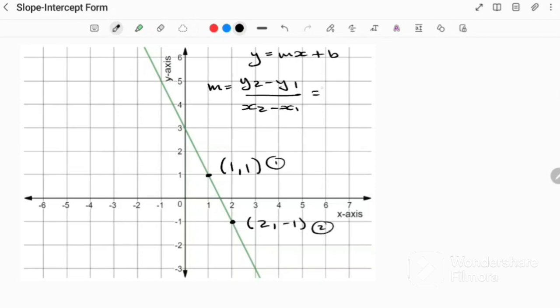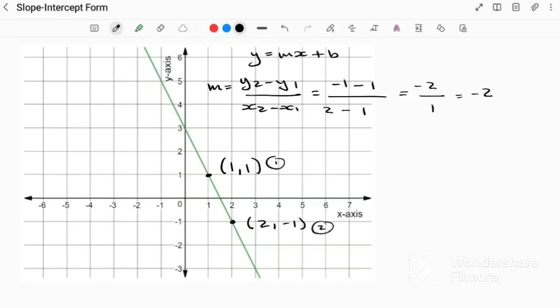Our y2 value is negative 1 minus 1 for y1, over x2 is 2 minus our x1 is 1. So negative 1 minus 1 gives us negative 2, and 2 minus 1 is 1, which is negative 2. So we know that our slope is negative 2.